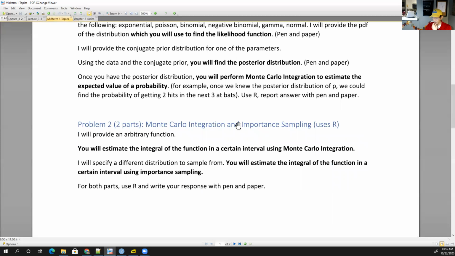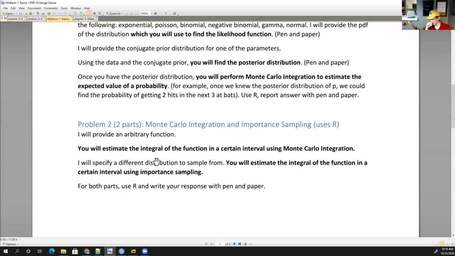Problem 2 will be almost entirely in R. I'm going to provide some arbitrary function. You will estimate the integral of the function over a certain interval using Monte Carlo integration. I've got a couple examples on the slides, and you basically did that in your homework.